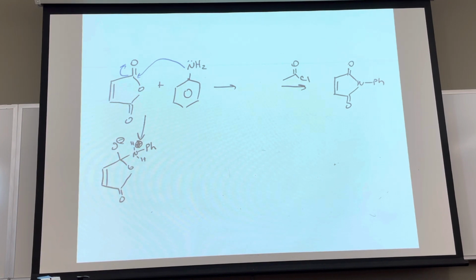At this point, because the nitrogen now has 4 bonds, it would be positively charged. So what I'm going to do right now is a minus H plus step and get things mostly back to neutral.